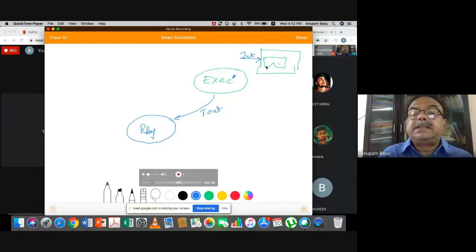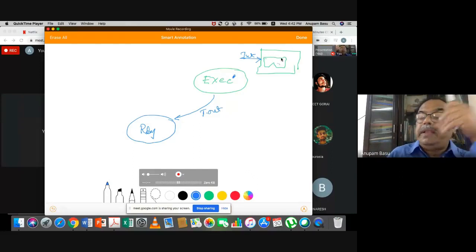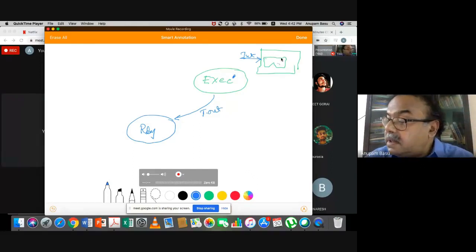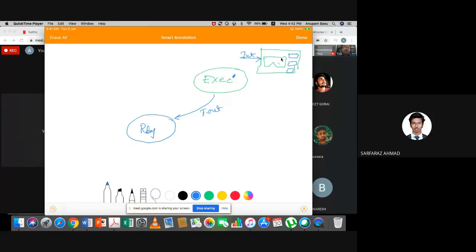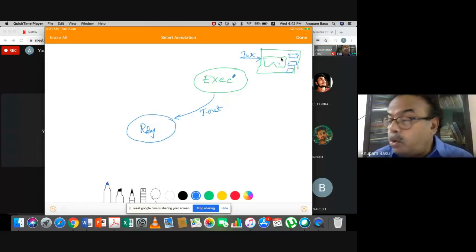Inside this CPU, there are registers, right? These registers were holding the value of which process? Blue, sir. Blue process.